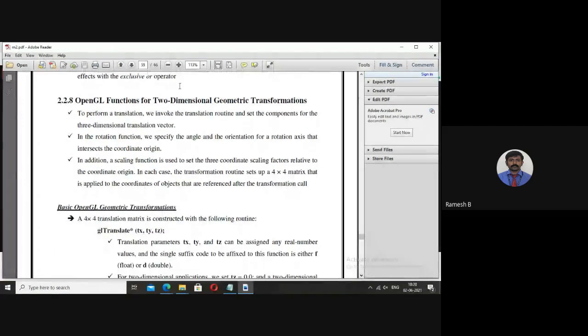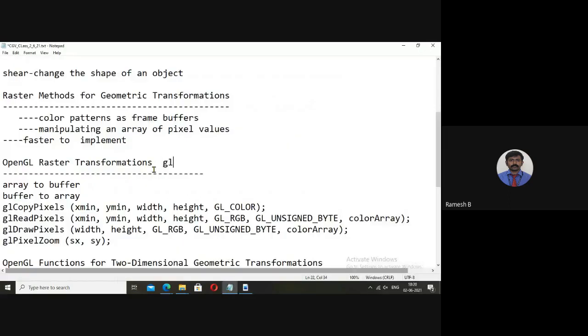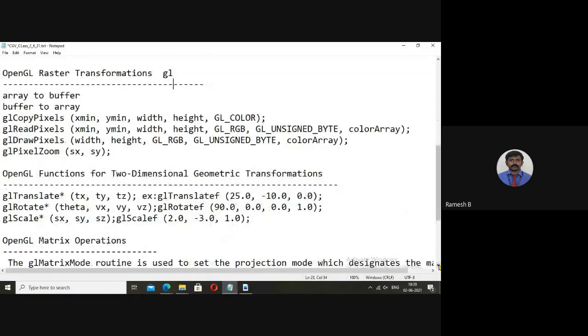Now OpenGL also provides a few more functions for two-dimensional geometric transformations. Until now you learned only for a single dimension; now here it is two dimensions. Say GL translate, GL rotate, and GL scale. GL must be written in small letters, T must be in capitals. Here the star represents multiple values, it is pattern matching.